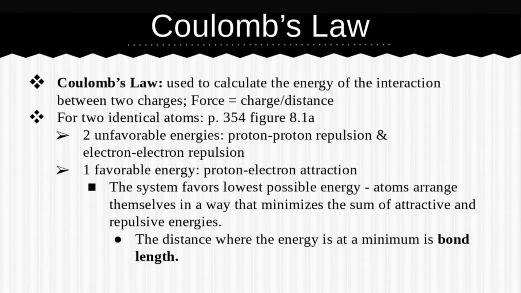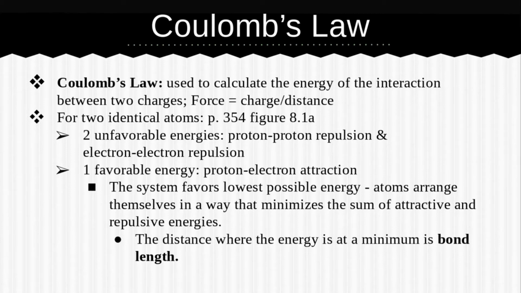But we do have one energy that is favorable, that wants to form a bond, and that is the proton and electron attraction, that attraction between positive and negative charges. So everything in science, everything in chemistry wants to have the lowest possible energy. So the atoms are going to move together in a way that minimizes the amount of energy between them.